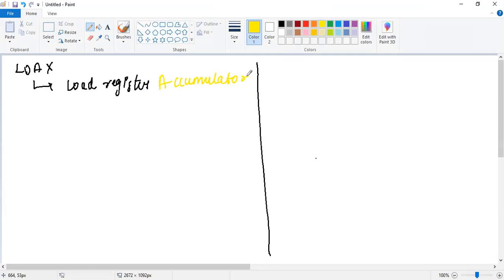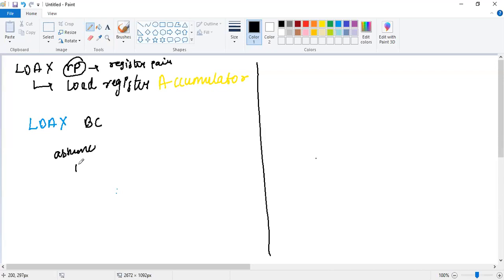The complete instruction is in this way: LDAX RP. RP means, again, a register pair, so I have to write a pair. Let it be LDAX BC, and assume in B the content is 94 and C is 38.